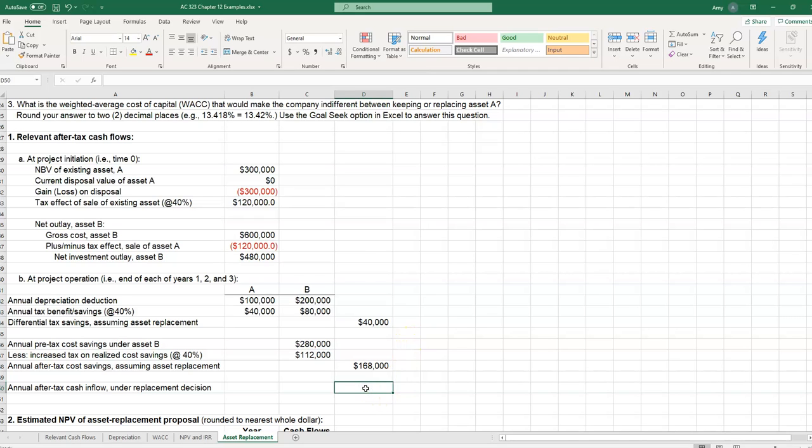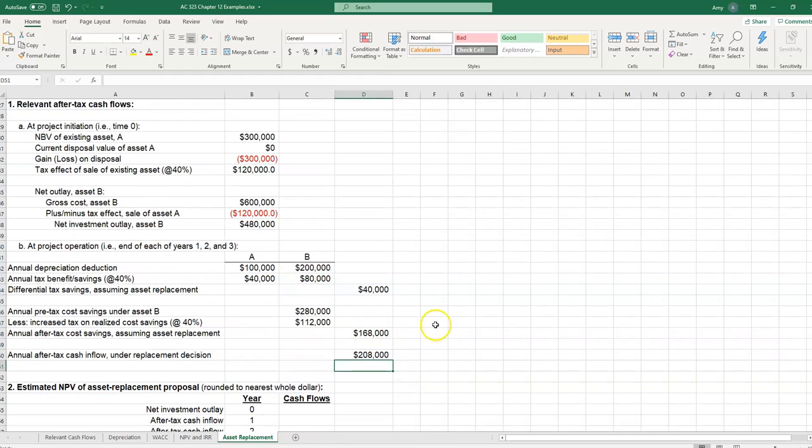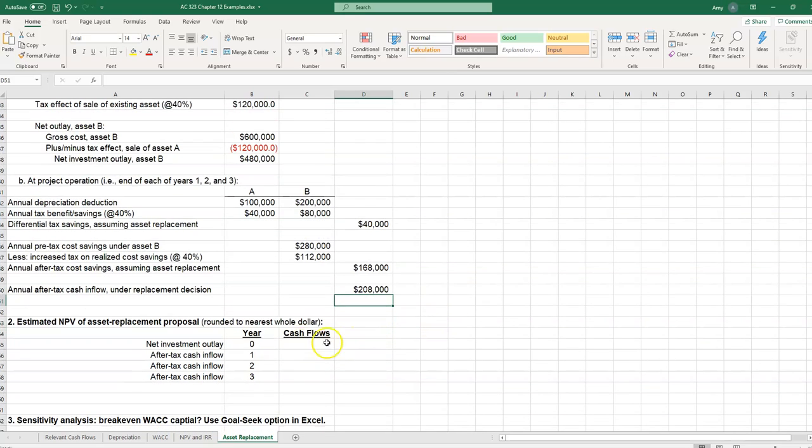So our annual after-tax inflow with this machine replacement is $208,000.